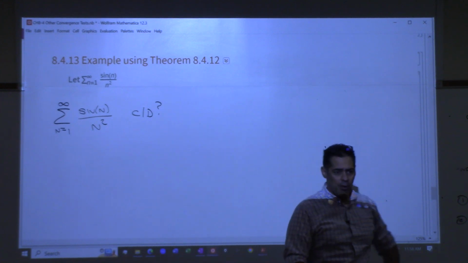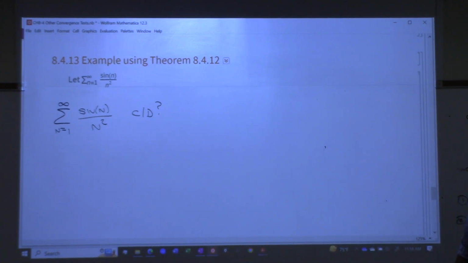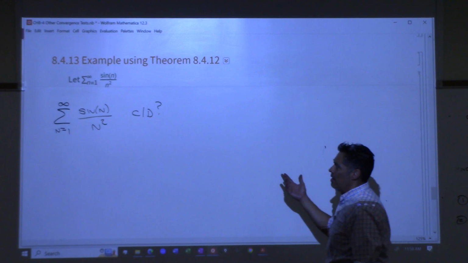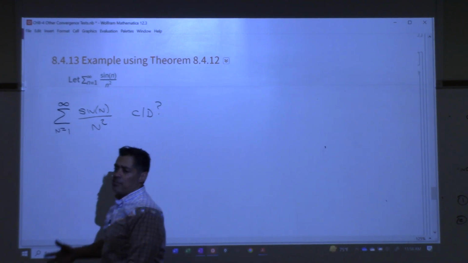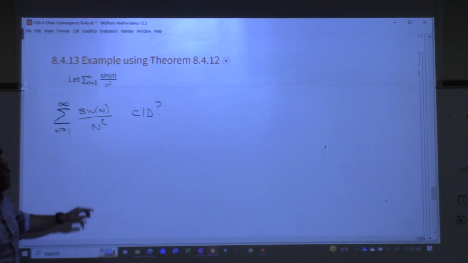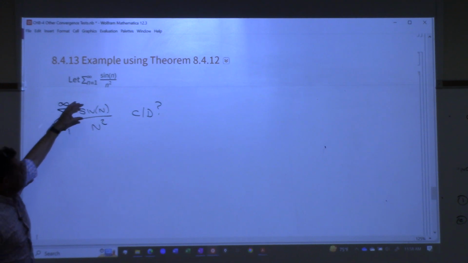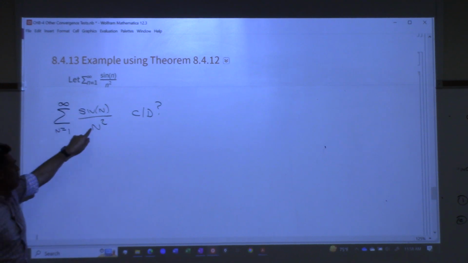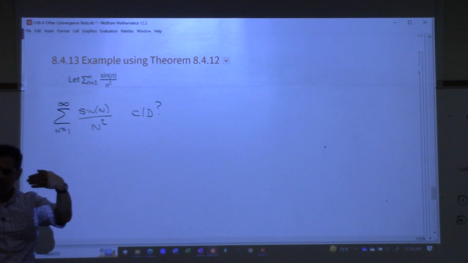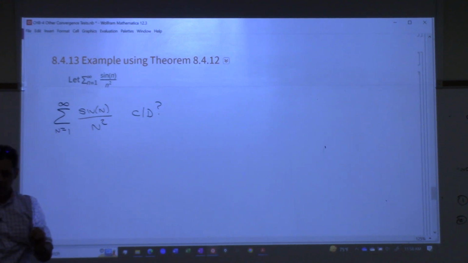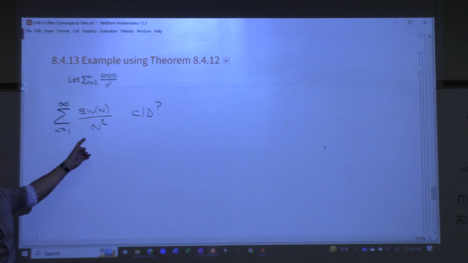I'm just saying, does it converge or diverge? So if you start thinking about all your tests, the nth term test, very first test we had, right? You let n go to infinity, and on top is a bounded function, on the bottom goes to infinity. Anytime you have something that's bounded over infinity, that goes to 0, which tells us nothing. It's not geometric. It's not harmonic.